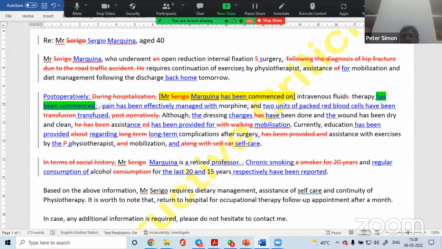That's it. First habit is smoking, second habit is alcohol consumption. So that is 20 years more, so write that one first. So 20 and 15 years respectively.